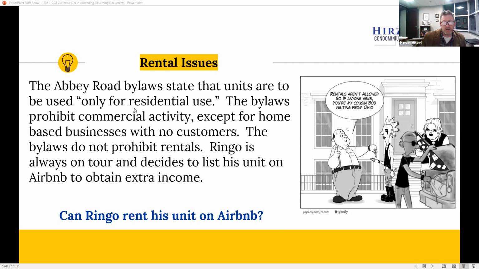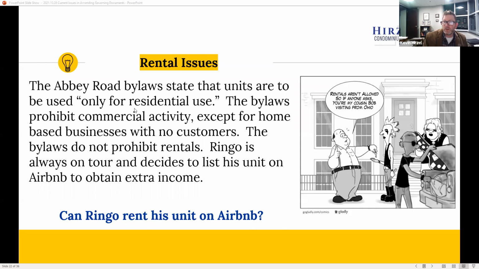We do recommend that there is a specific reference to it, though, in the bylaws, because that argument that I just presented is relying upon the definition of residential use that is currently under attack in the Michigan legislature.